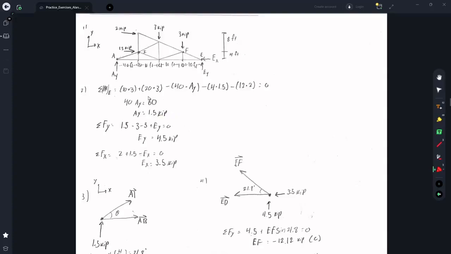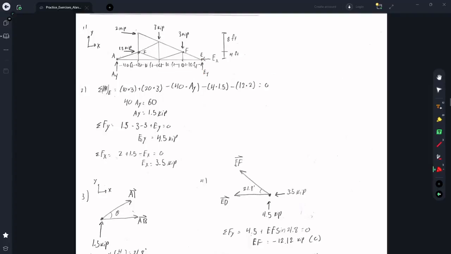So now that we have one of these supports, we can plug it into the other 2 equations. The sum of the forces in the y direction is going to be equal to AY, which we solved for, 1.5 kilopounds. We have minus 2 3 kilopound forces in the y direction. And then the final one, the final support, E sub y, that we're solving for.